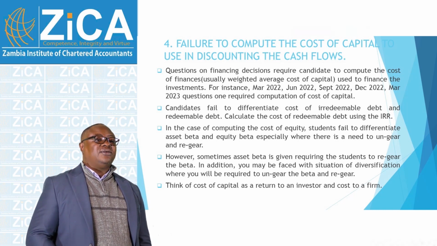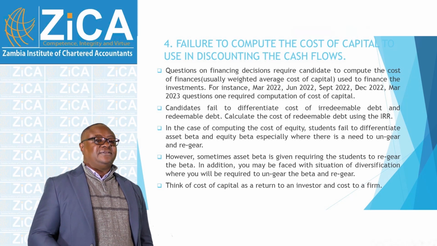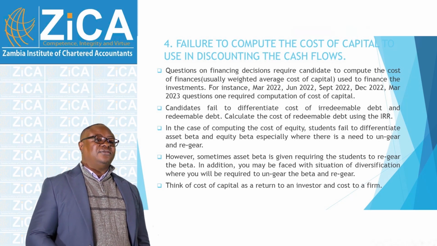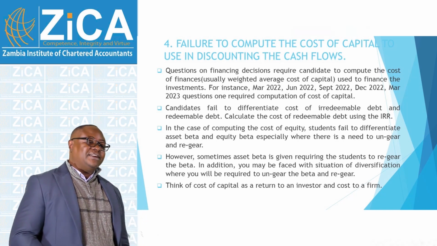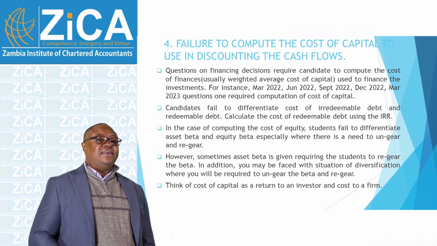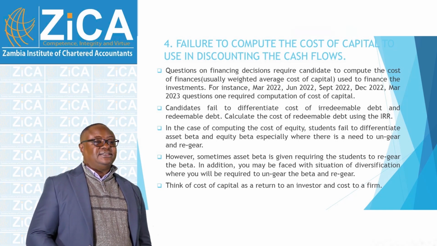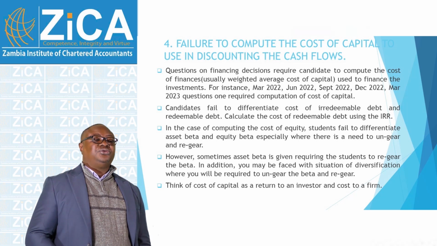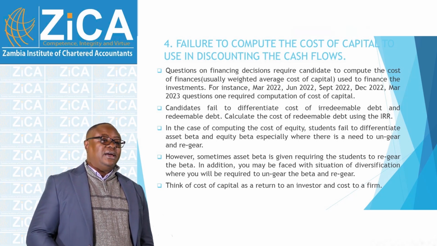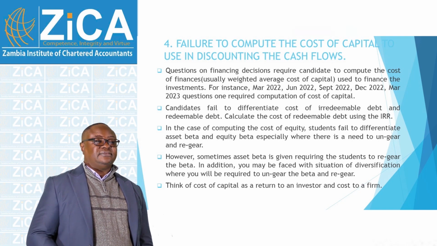Now, the cost of capital basically just reflects the cost of those finances, which is basically the minimum expected return by the investors, the owners of that money. What is the minimum expected rate of return? That is your cost of capital. To the business, it's a cost. To the investor who is investing, it's a return.